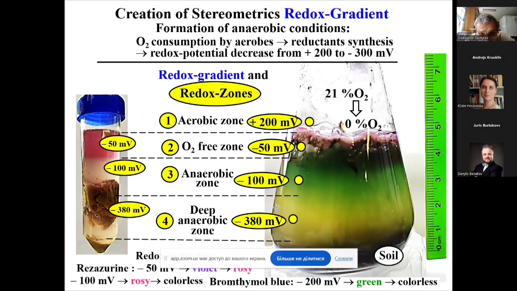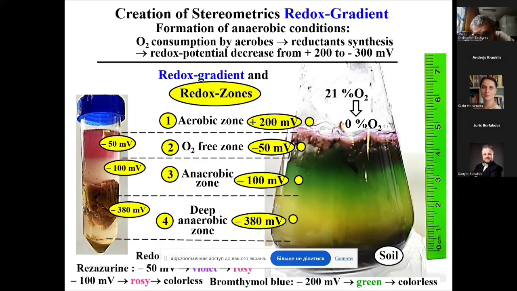The properties of bromothymol blue: it has a green color at redox potential higher than minus 200 millivolts, and BTB, bromothymol blue, becomes colorless at potential lower than minus 200 millivolts.